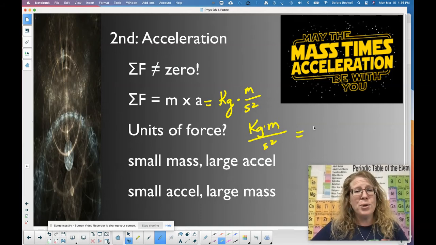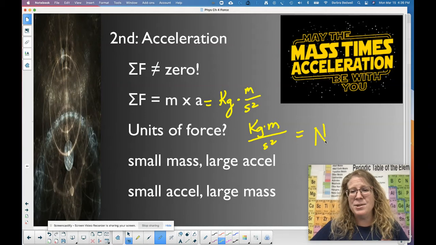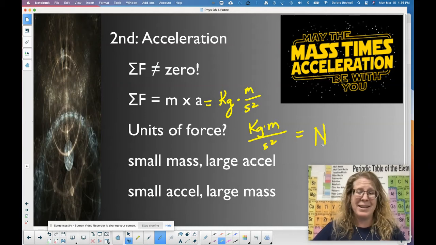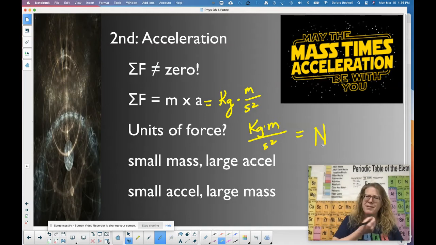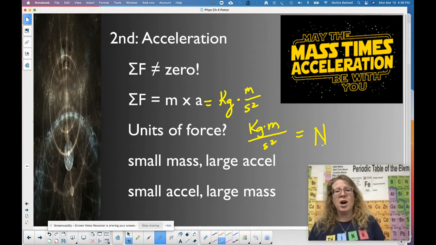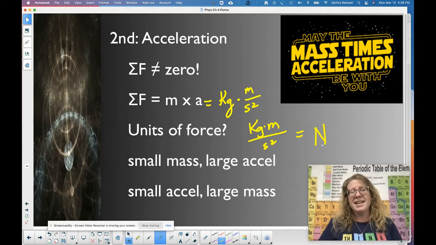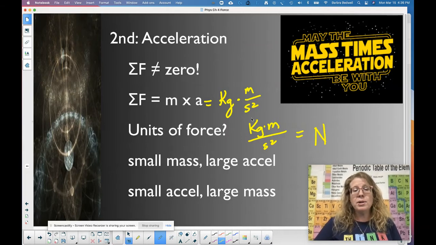That unit is known as a newton, a capital N. Yes, named after the guy whose apple fell on his head, Newton's second law of motion, right? And I'm like, why did that happen? Gravity, right? So the other name for a kilogram meter per second squared is a newton. If we're using our standard units of kilograms, meters, and seconds, units of force will be represented in newtons.